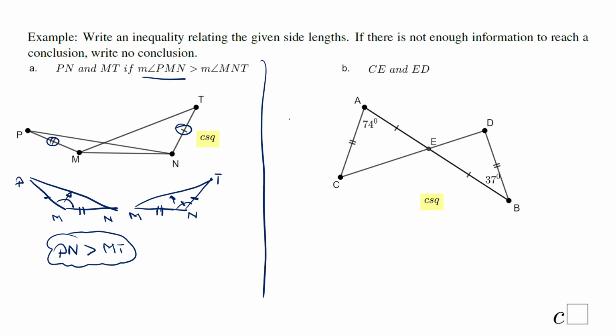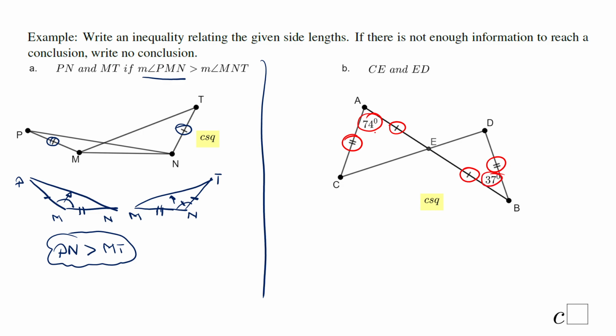And here we notice again these two sides are congruent and these two sides are congruent. So again, the conditions for applying the Hinge theorem are accomplished. Then we notice this angle is 74 and this angle is 37.